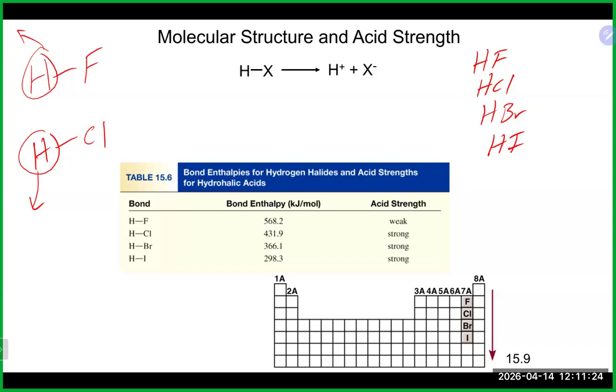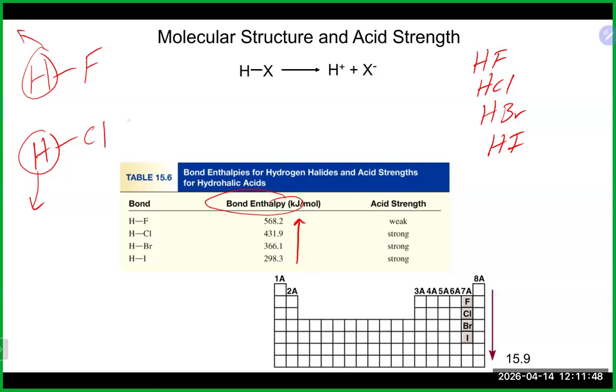The major thing that we look at is what is known as bond enthalpy or bond energy. That is the energy required to break the bond between the hydrogen and whatever it's attached to. When we look at bond enthalpy, we see that it actually increases as we go up, say, group 7.